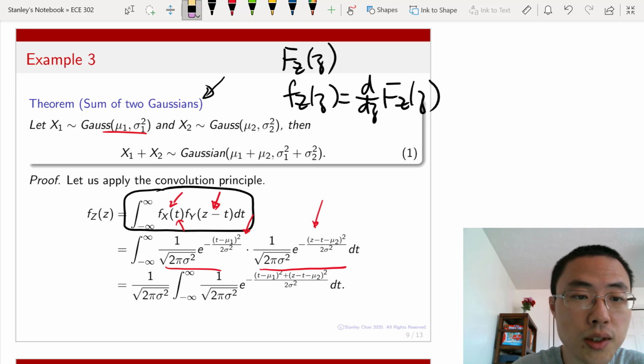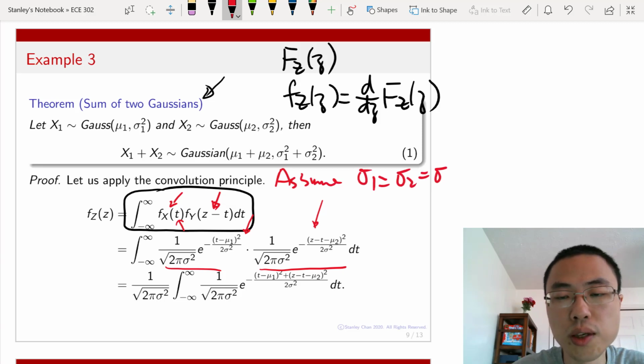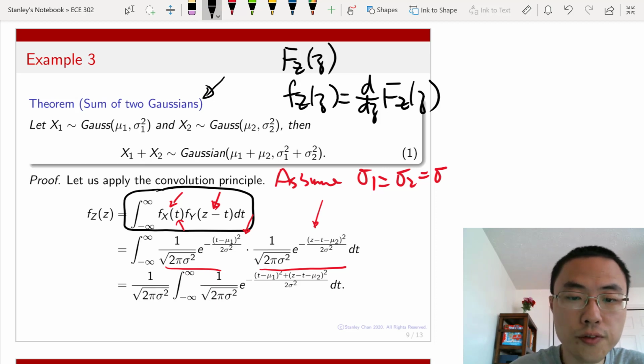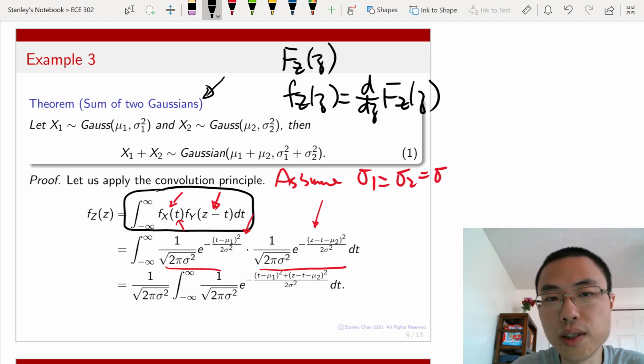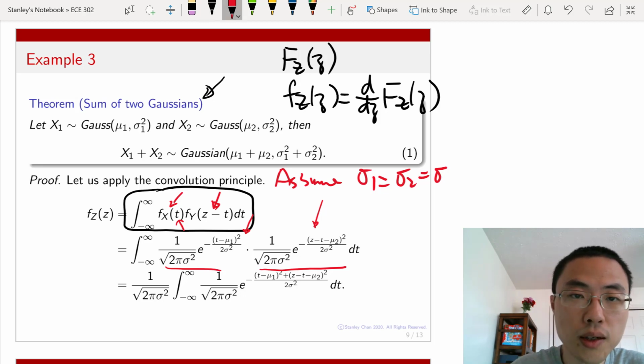For simplicity, I'm going to assume that both sigmas are the same. So assume that sigma 1 equals sigma 2, which is equal to sigma. Of course, at home, you can do a more generic case by having two different sigmas. Now if you have these two sigmas being the same, then it will be a little bit easier calculation.